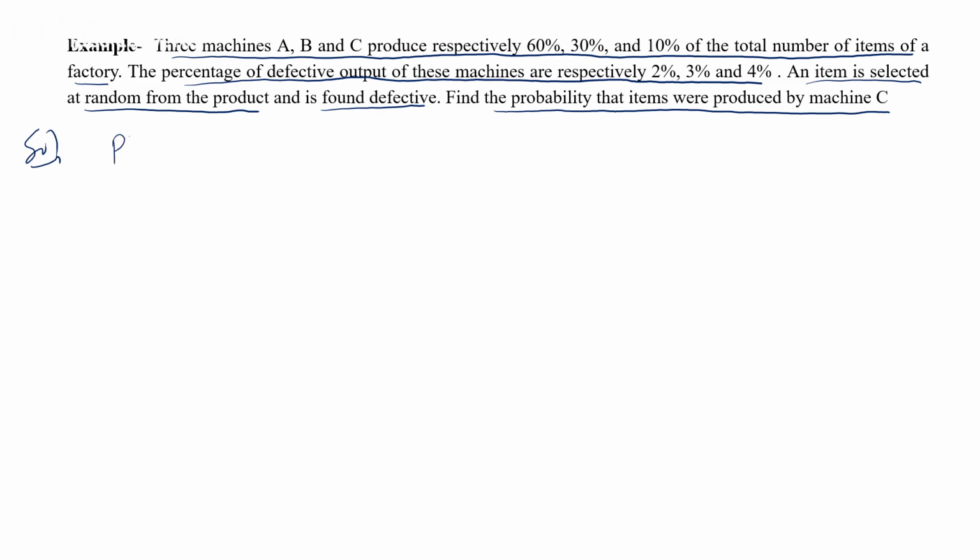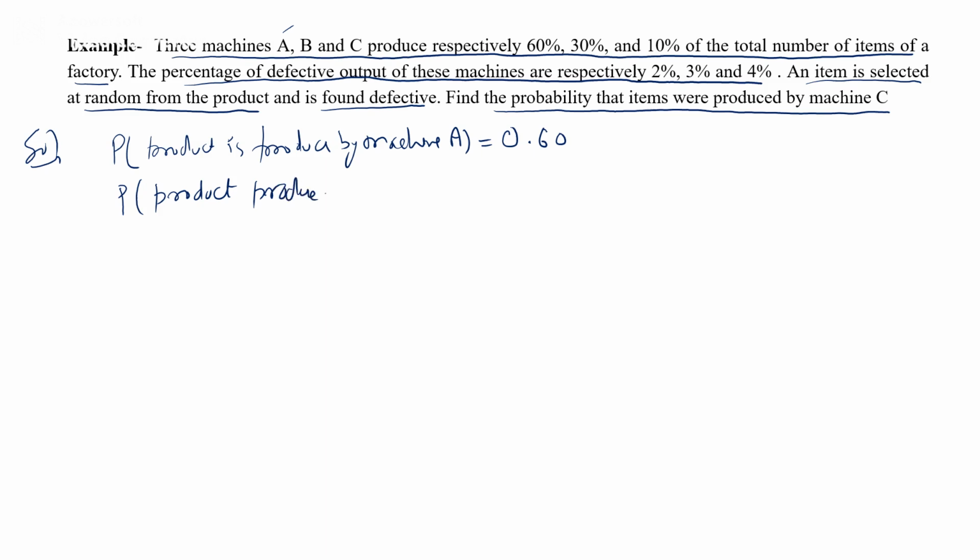We are given the probability a product is produced by machine A is 60%, that means 0.60, and the probability that a product is produced by machine B is 0.30, and similarly for machine C it is 0.10.